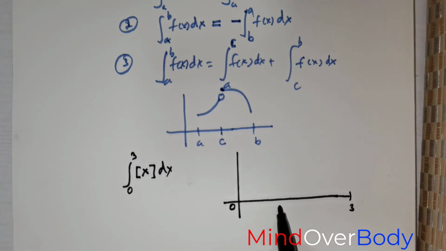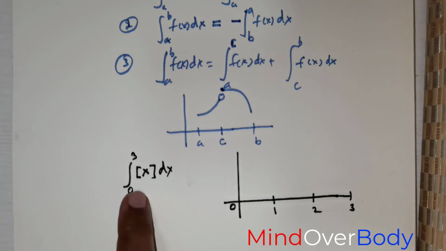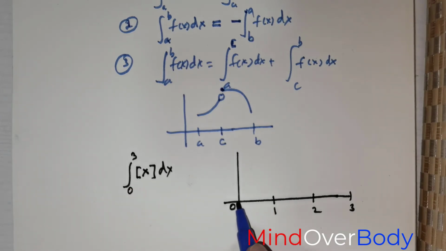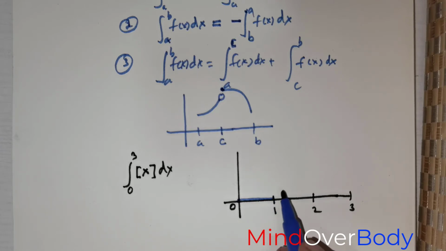So let me just split it as 1 over here and 2 over here. Graphically, the function will start, it will head up to 1, and at 1 it will break. So there won't be any continuity after 1, so there is actually a split here.